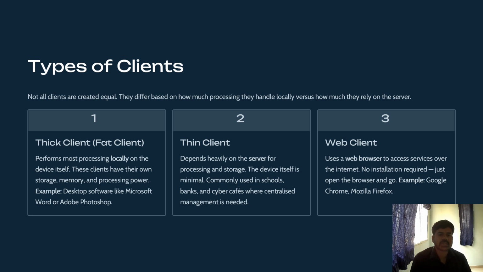Used in banks, libraries, schools. It has less powerful hardware. The third one is web client. Uses a web browser to access services. For example, Google Chrome. When you open a website using Chrome, it acts as a web client.